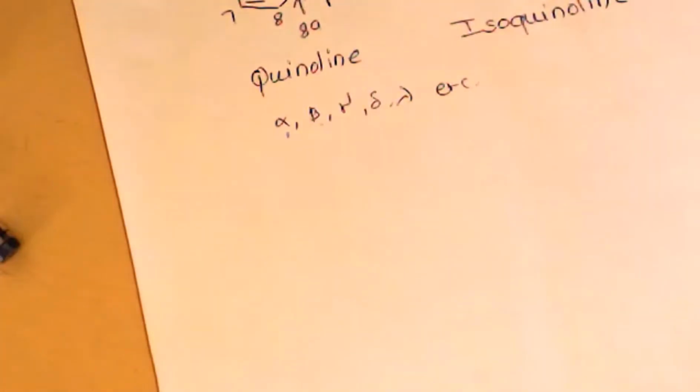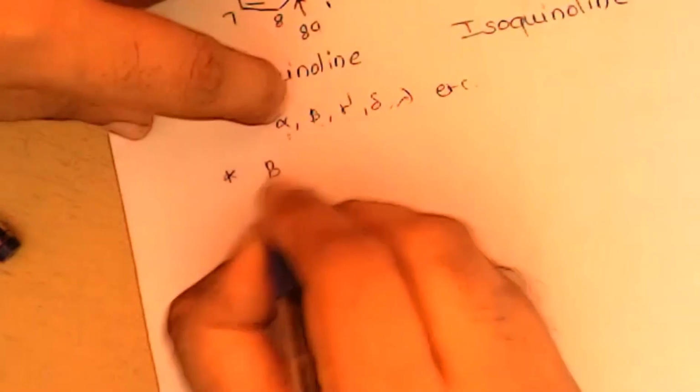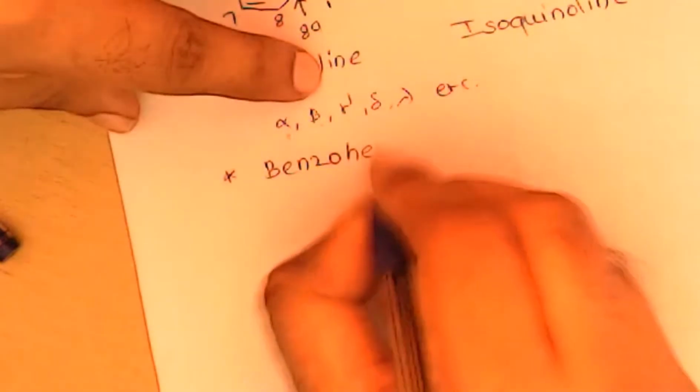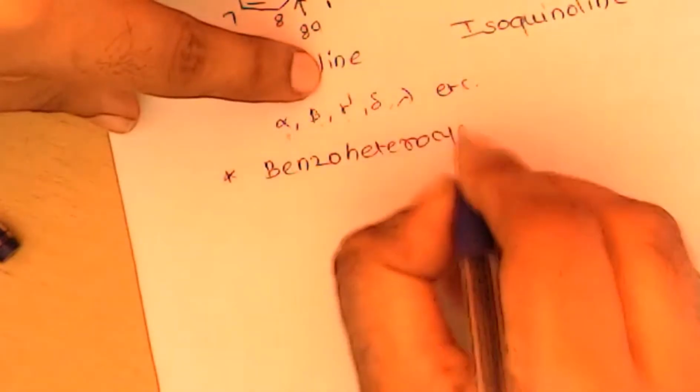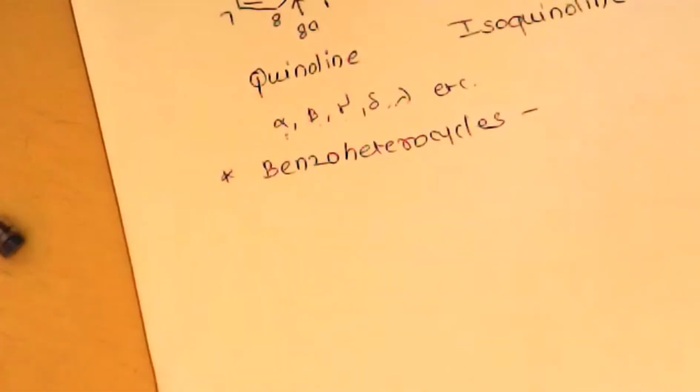So in case of the rule for the nomenclature of the quinoline and isoquinoline, when a benzene ring is fused to a heterocyclic ring, which may be 5-membered or 6-membered, then it is called the benzo heterocycles. Okay, so another word that is used most of the time is the benzo heterocycles compound.